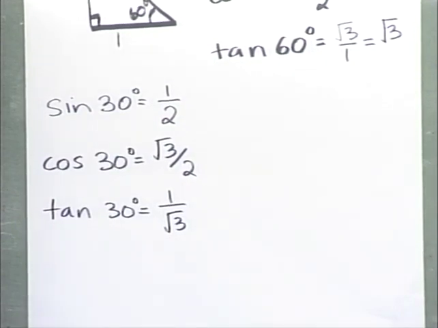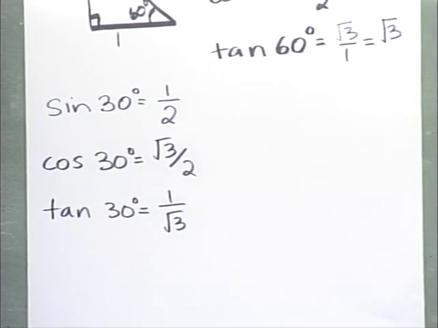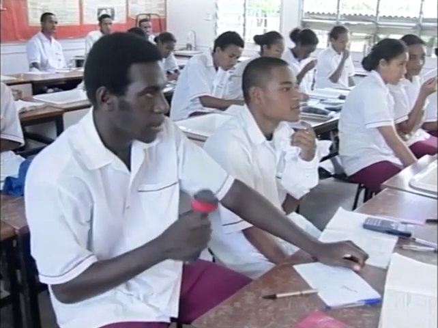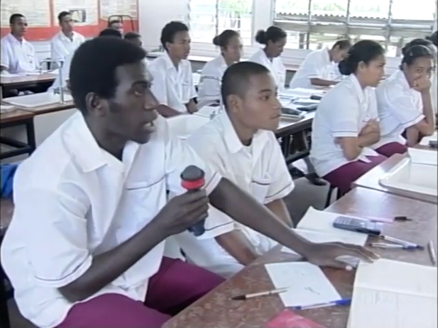Solomon, help. If you use sine 30 degrees, the answer will be equal to cosine 60 degrees. And the cosine 30 degrees, you'll get the same answer as sine 60 degrees.